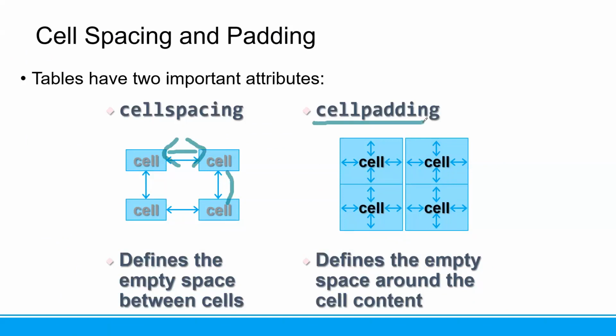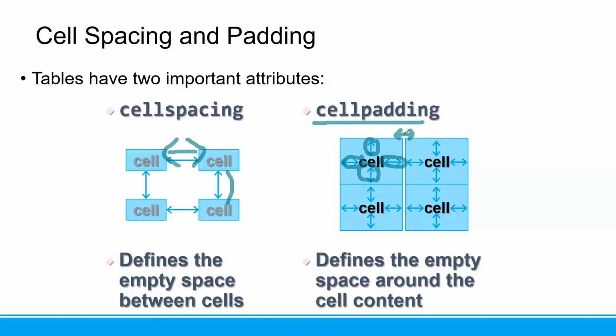Cell padding means we want to define the empty space around the cell itself. If we clarify the empty space around the cell, the cell will be bigger, but the space between the cells may be smaller.